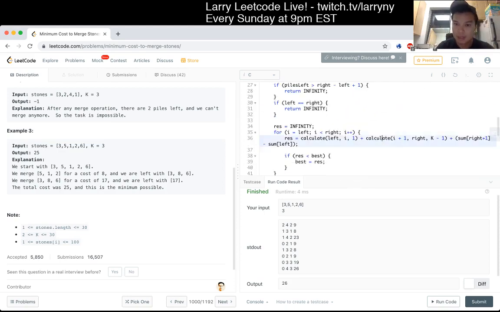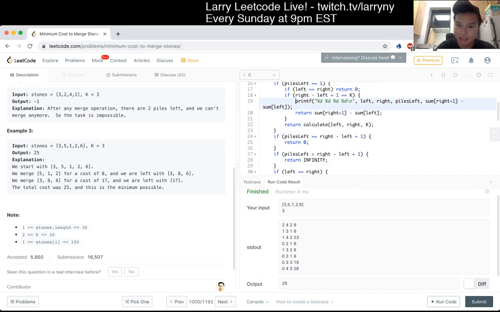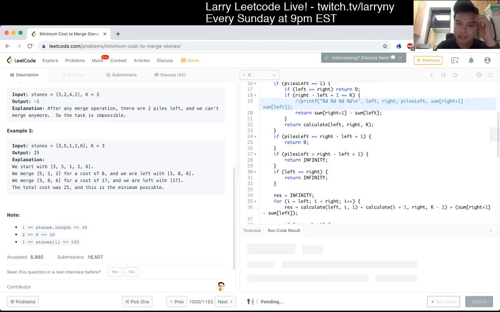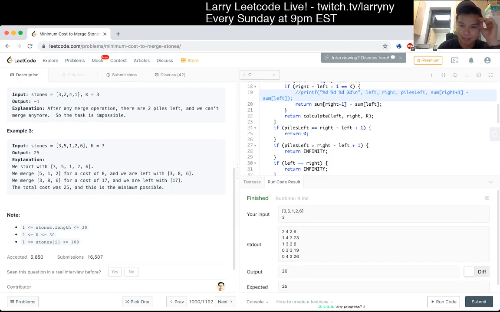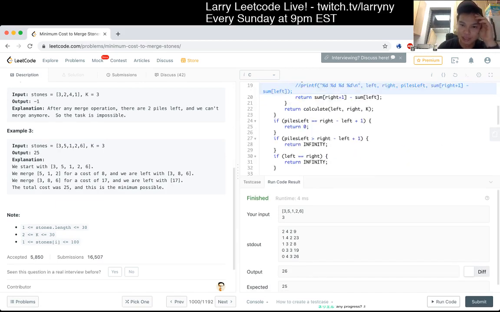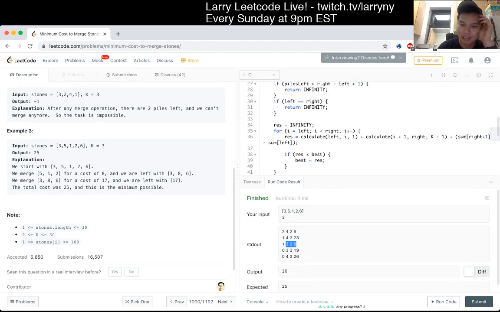So I definitely have something wrong here, because the good thing about having these subproblems and printing them out is that each of these means something definitive, right? And the reason why I point this one out is that it means that from index 1 to 3, for k equal to 3 with 2 piles left, that doesn't make any sense.